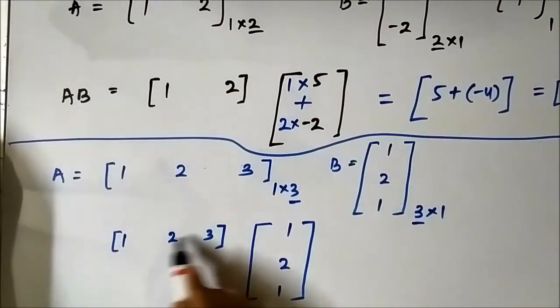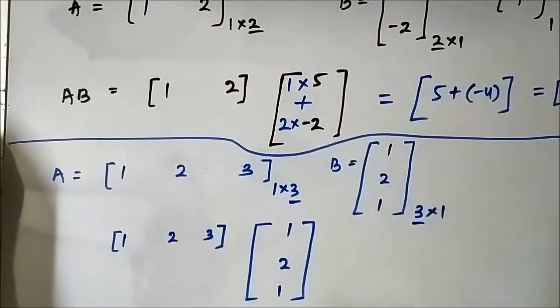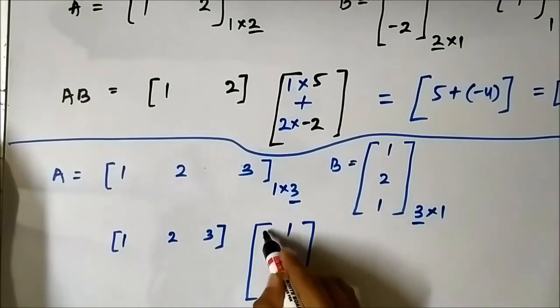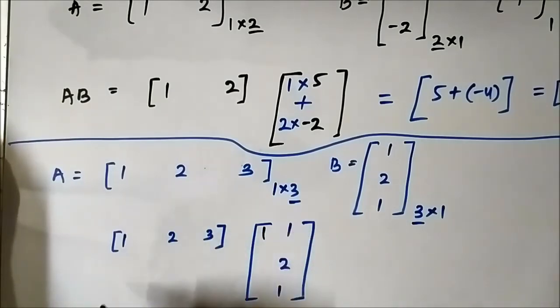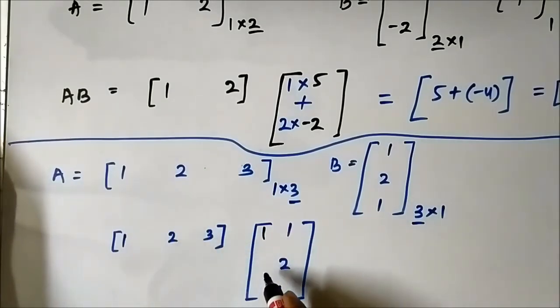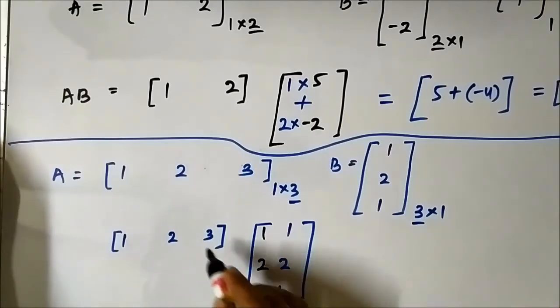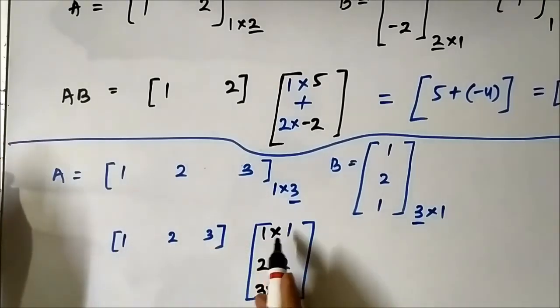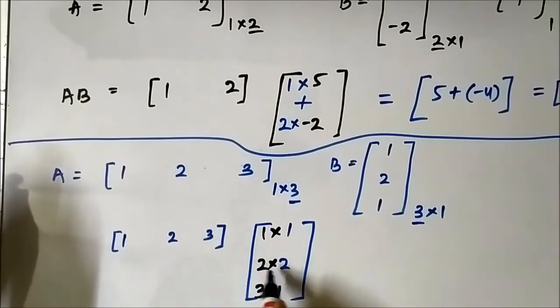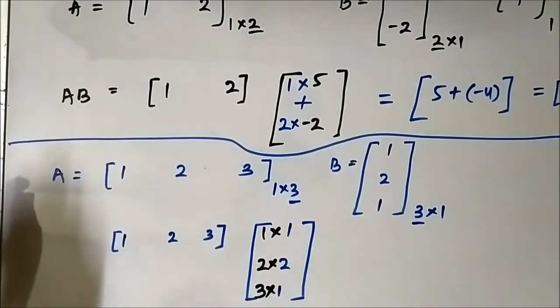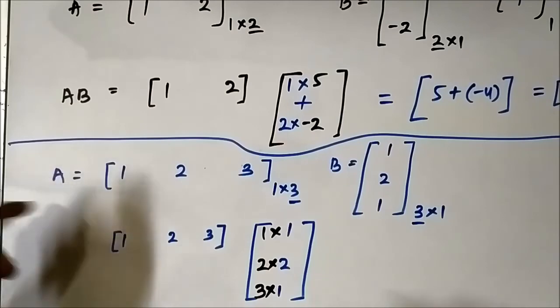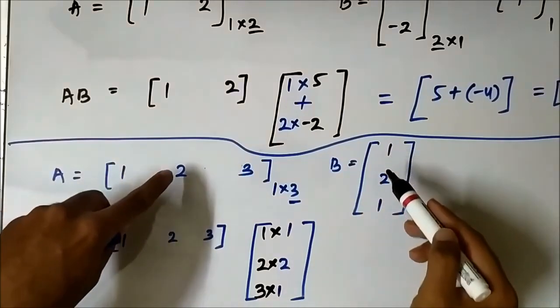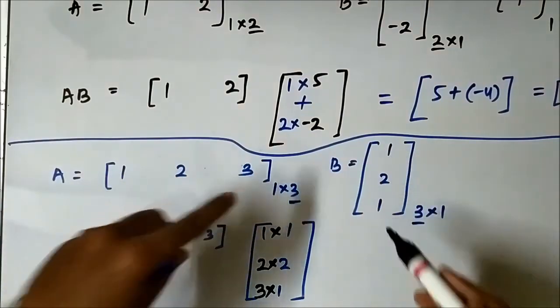This 1 comes here, this 2 comes here, this 3 comes here. So 1 into 1, 2 into 2, 3 into 1.